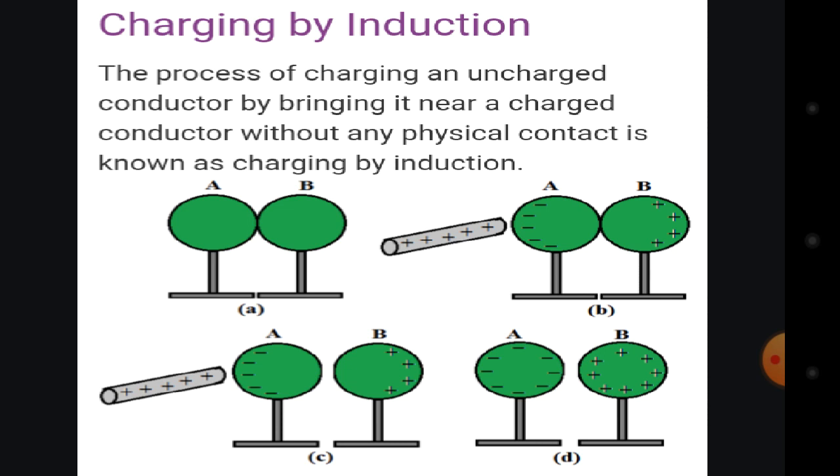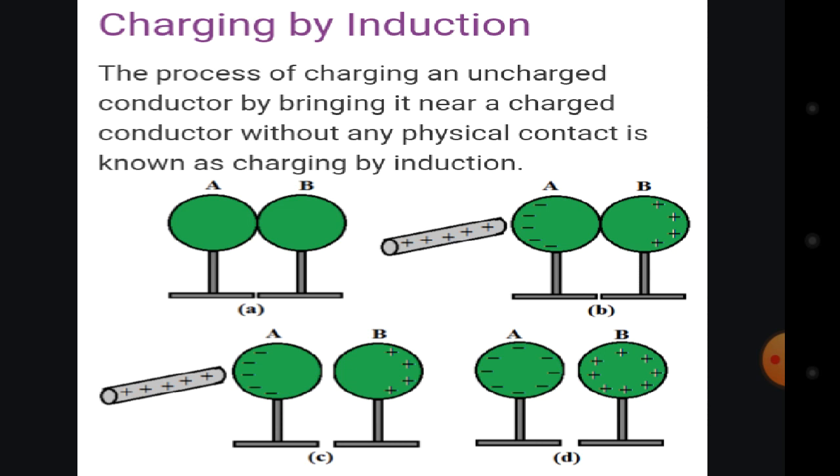If you look at this diagram here, maybe we have a sphere A and a sphere B in contact. If you look at this A, we have a sphere, and let's say it is neutral because there is no indication of charged particles. So the spheres are neutral. If you look at the diagram of B, we use a positive charge.